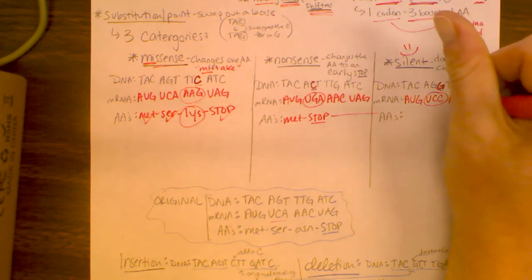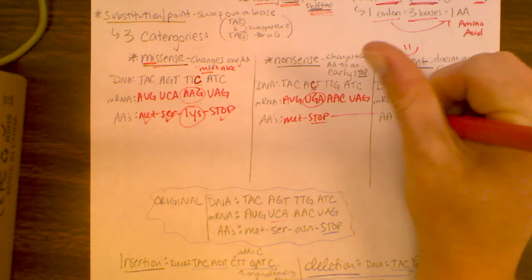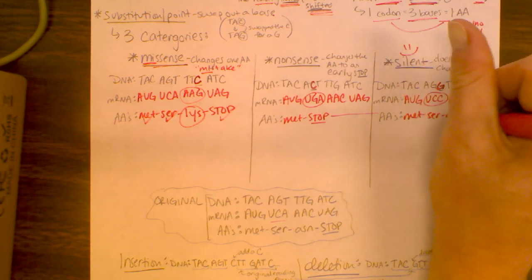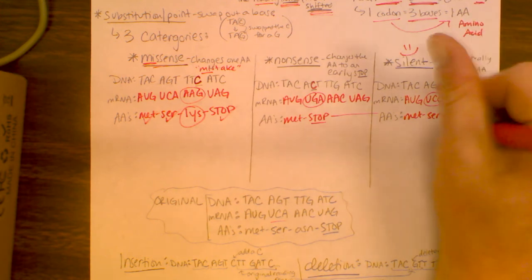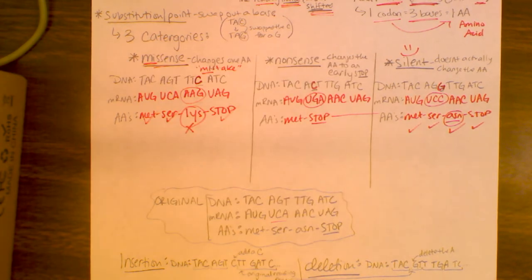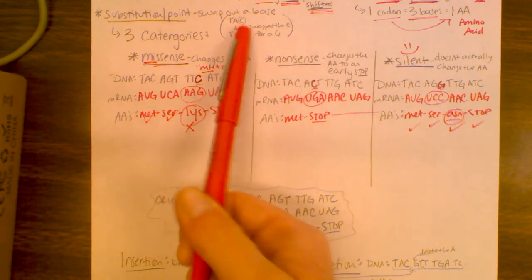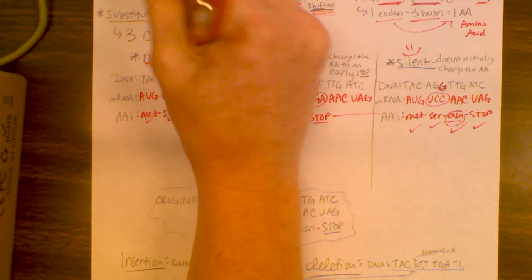But whenever you translate it, then we get the same amino acid out of it. So this is still the same amino acid, whereas this one was different. So these are based on what the result of that substitution is. So it's kind of three categories, which are the results.